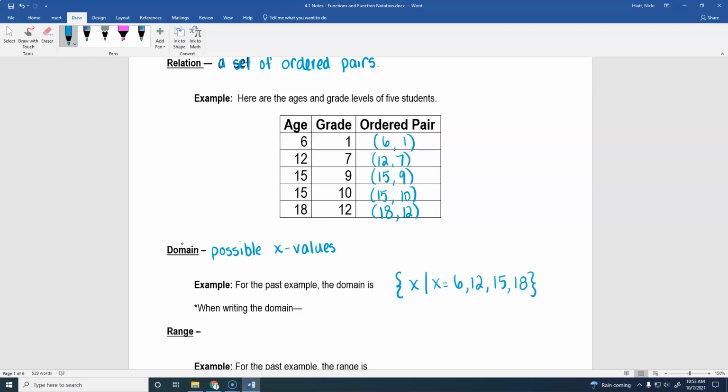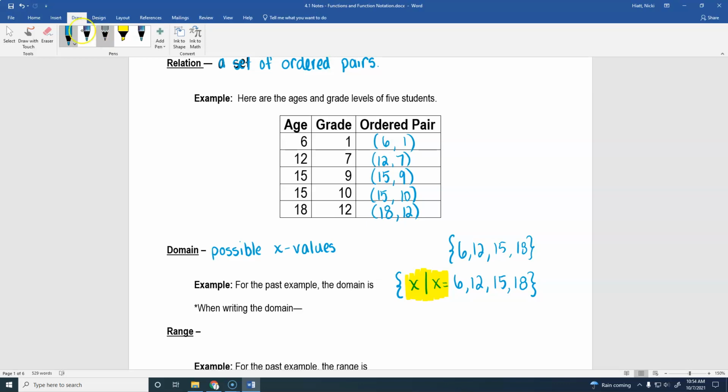Now, this part right here is just notation that you sometimes see. Other times, you may just see it in squiggly brackets. It may just look like this, 6, 12, 15, 18. I just wanted to throw that notation out there in case you see it on a multiple choice question or something. You'll be familiar with it. You don't necessarily have to write it for me every time.